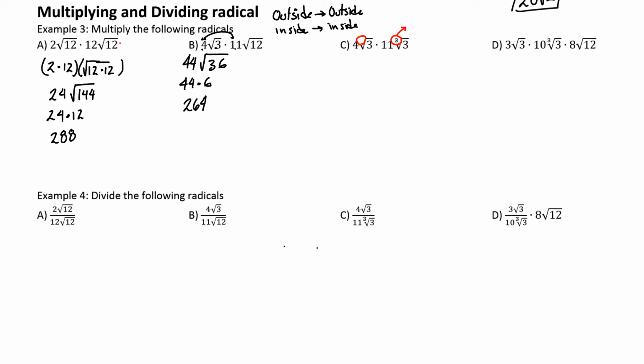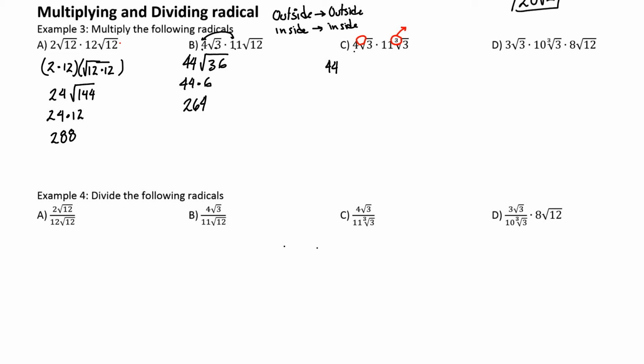A rational exponent is simply a radical that has a fraction for an exponent, okay? We're going to try to do that and see if you can follow along, but we will cover this in another section as well. So, for right now, remember, outside to outside gives you 44.